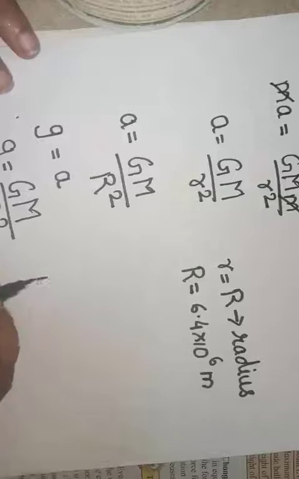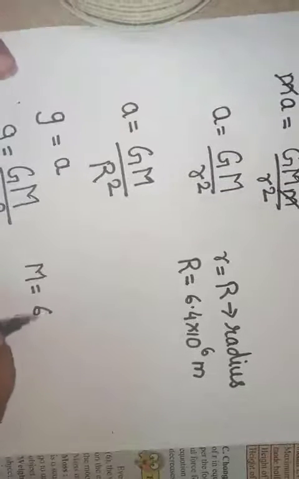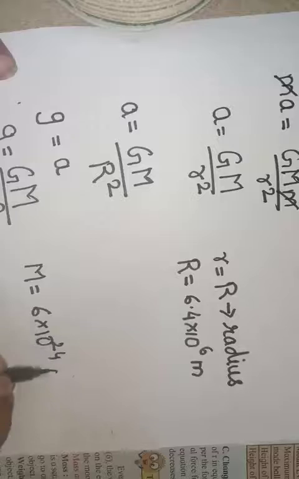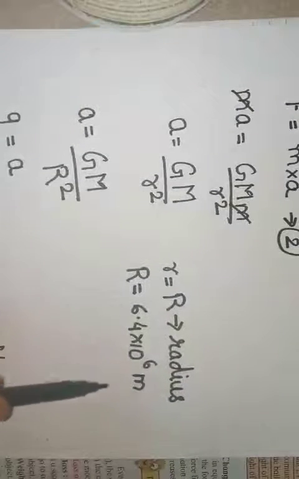Here the mass of the earth is 6 into 10 raised to 24 kg, and the radius of the earth is 6.4 into 10 raised to 6 meters.